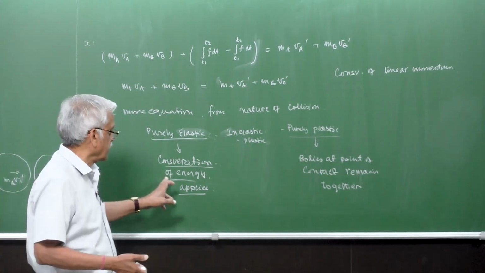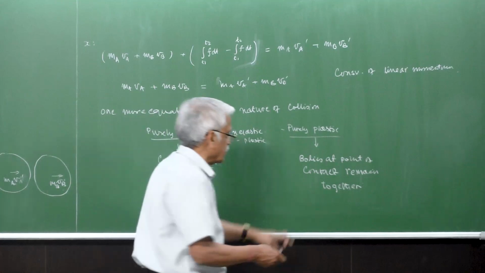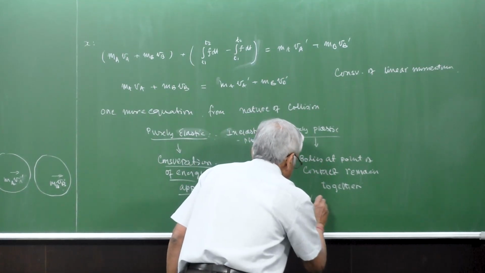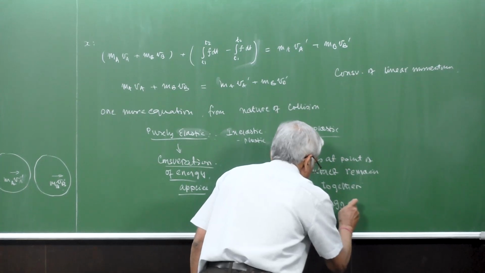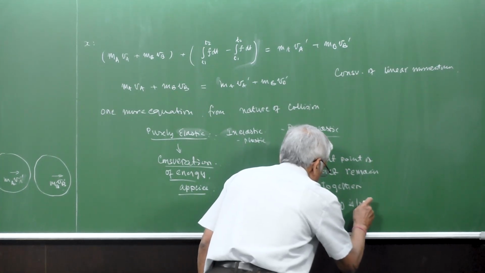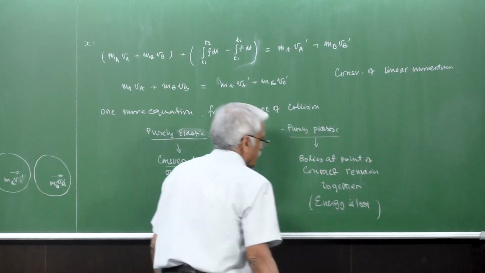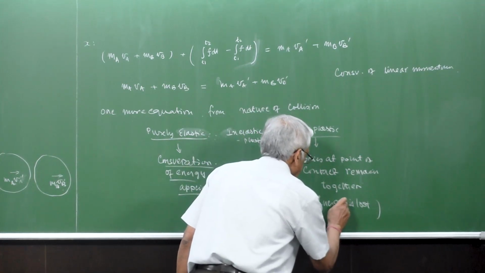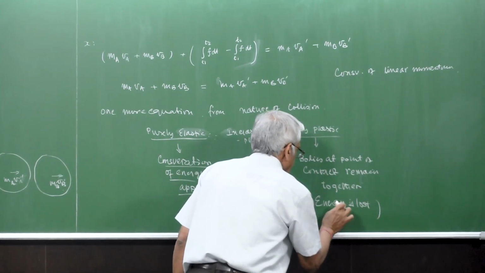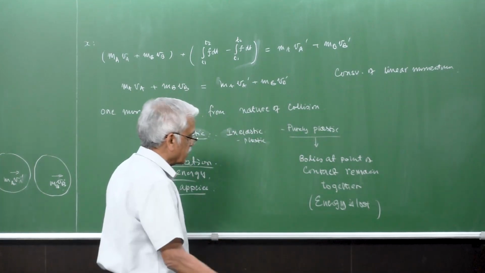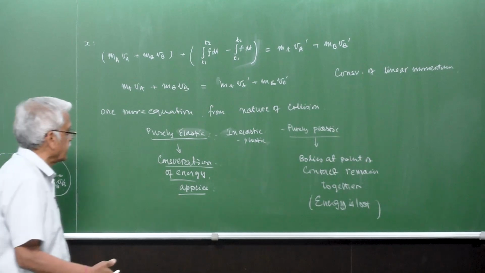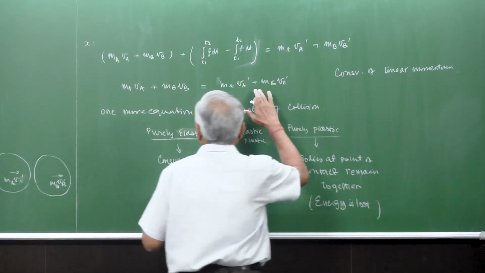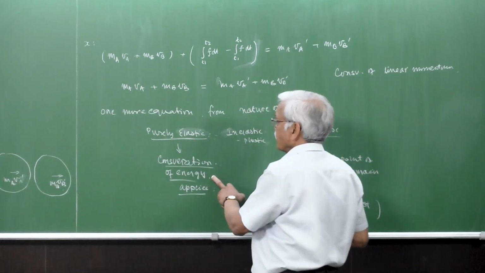In the elastic case, conservation of energy applies, so no energy is lost. In the plastic case, energy is lost, so obviously there is no conservation of energy. So the additional equation has to come from somewhere else.